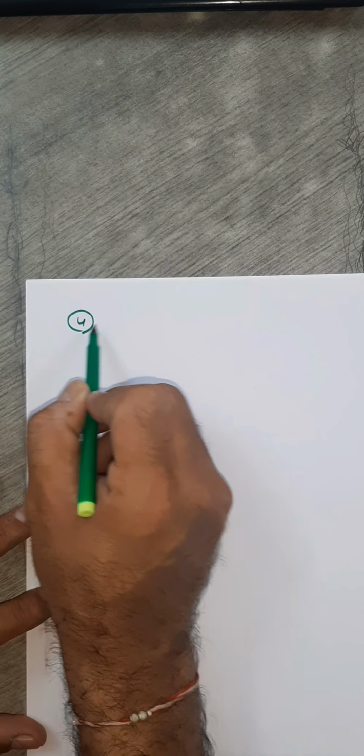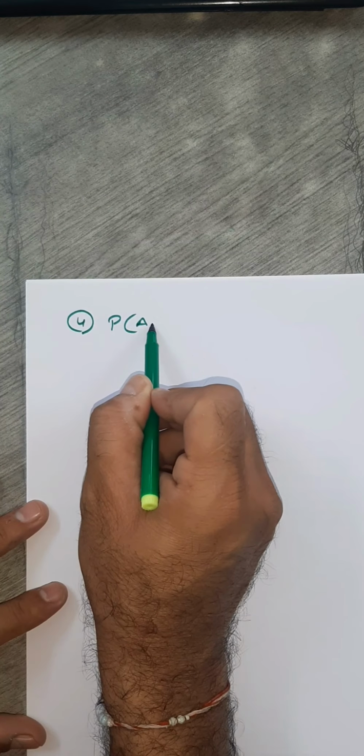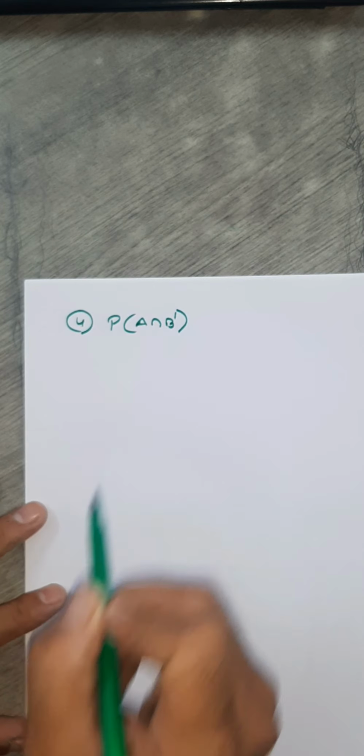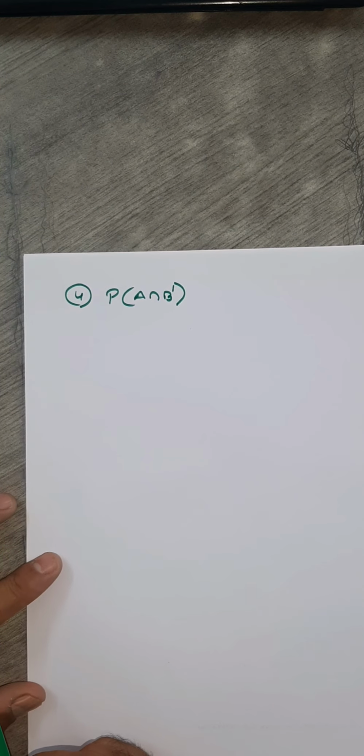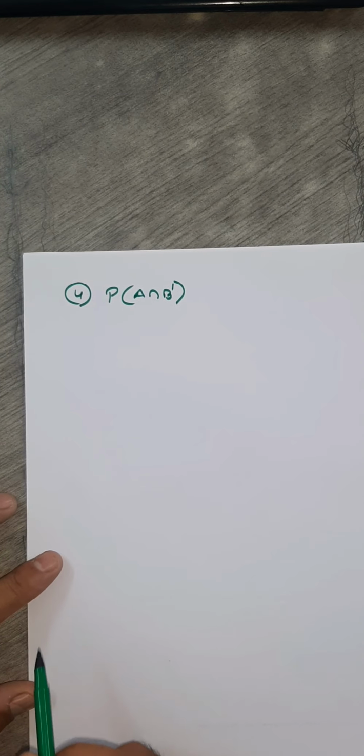Then one more important result, the fourth one: probability of A intersection B dash.